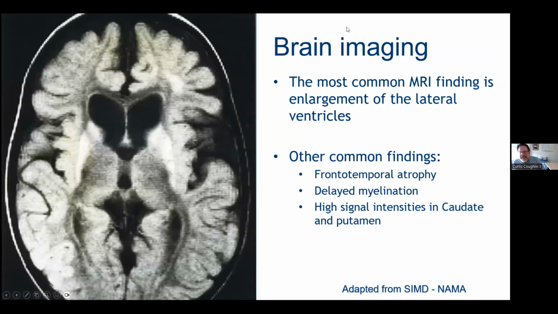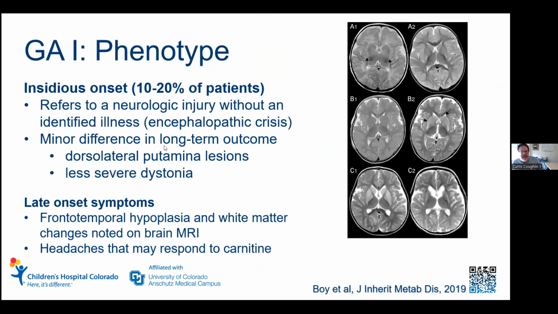So you can see there's some really classic brain imaging findings, really helpful for diagnosing this disease. Again, there is no brain imaging finding associated with sort of risk of striatal injury in the first 6 months of life. I already mentioned that about 20% of patients have what we refer to as this insidious onset, where there isn't this clear-cut illness.